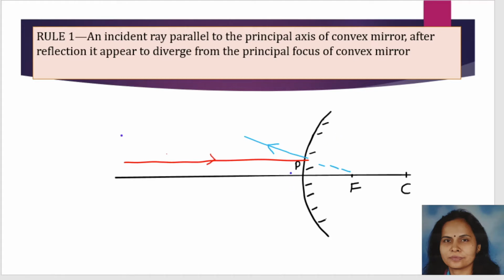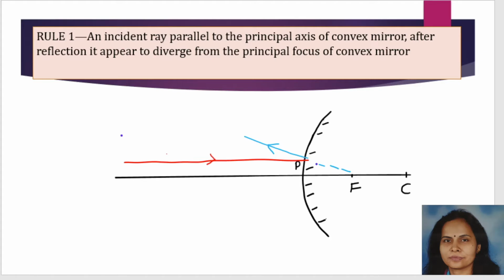So this is your spherical mirror and this is your point of incidence. This is your incident ray, and this is the reflected ray. Now I need to draw the normal at this point of incidence so that I can mark angle of incidence and angle of reflection. So simply what can I do?